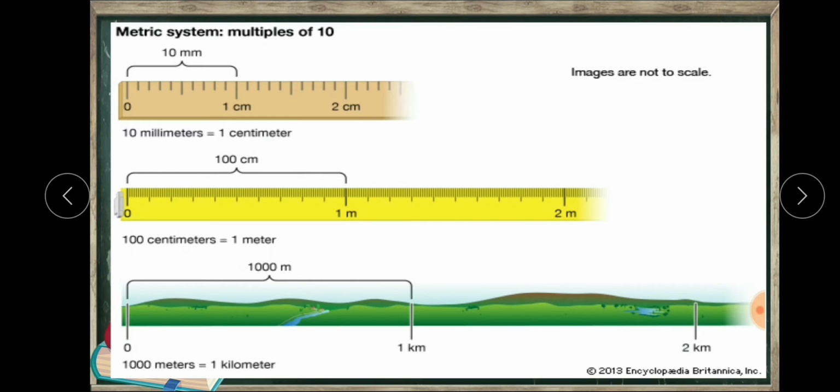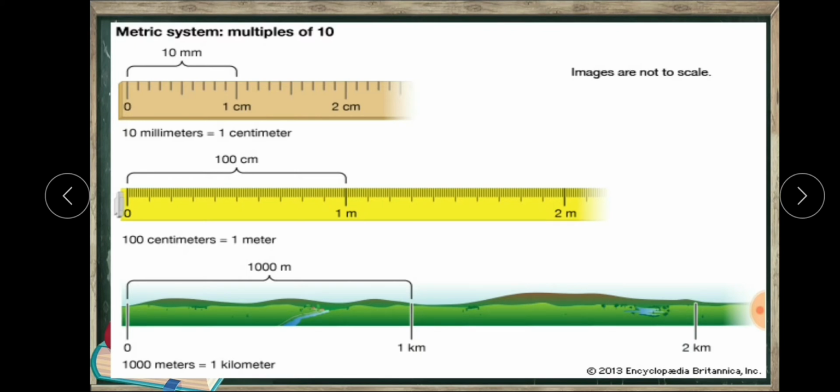Each line shows 1 millimeter, and this 0, 1, 2 shows centimeter, and the lines in between in each centimeter show millimeter. So we can say there are 10 lines in between 0 and 1. So we can say 1 centimeter is equal to 10 millimeter.